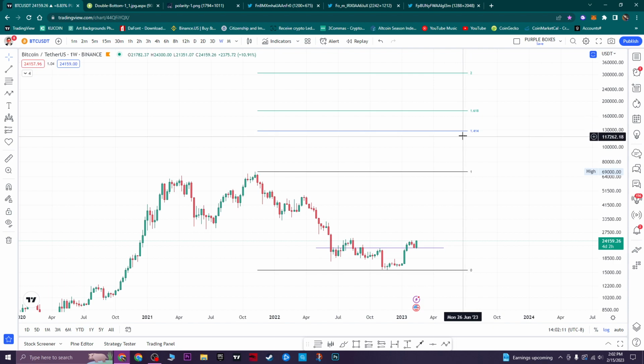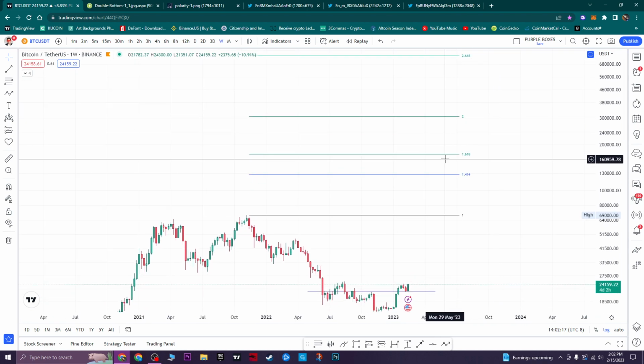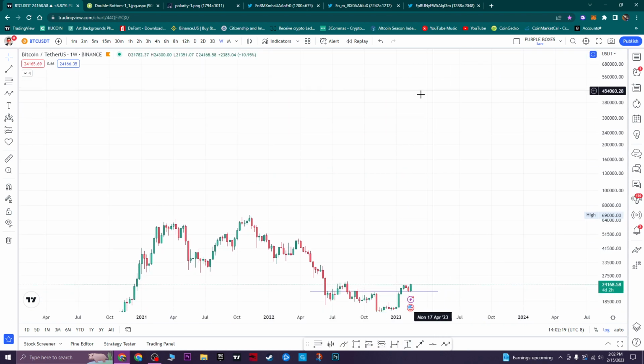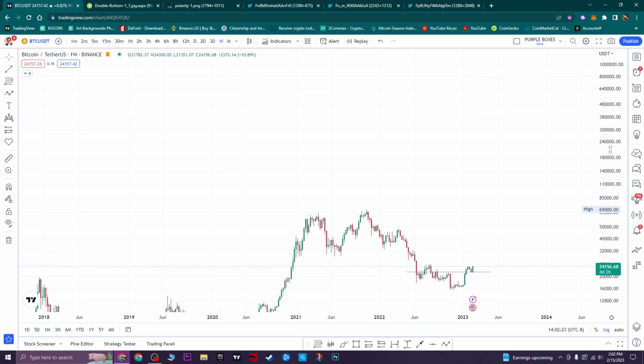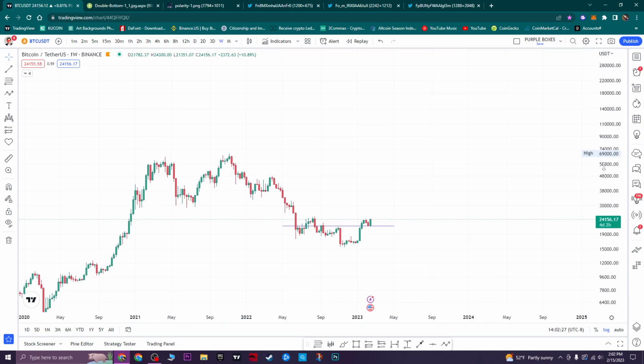I'm just trying not to be too bullish and not seeing Bitcoin at these price levels. I just don't want to make false promises. It is possible that Bitcoin will break through $100,000 and above.